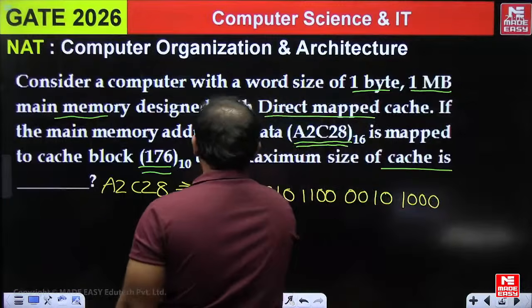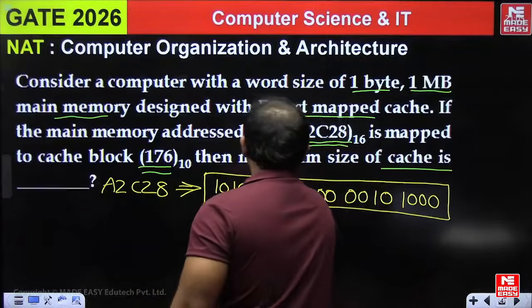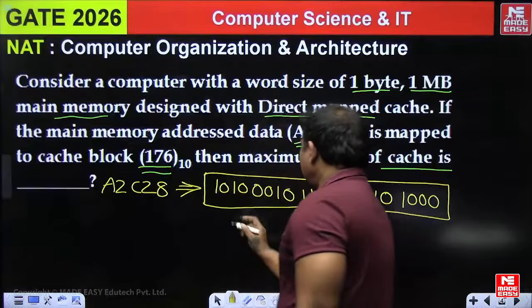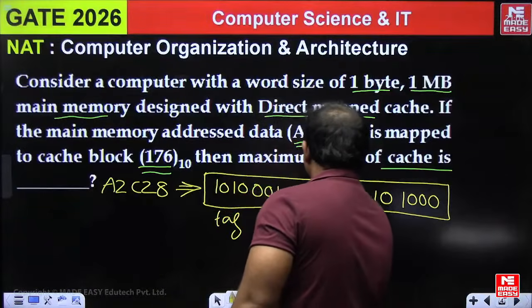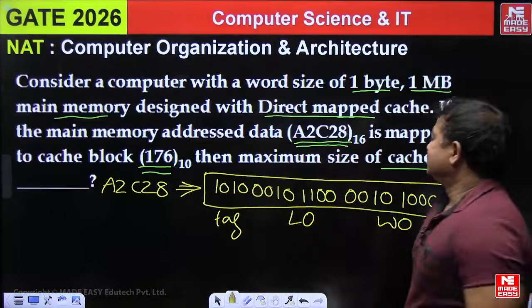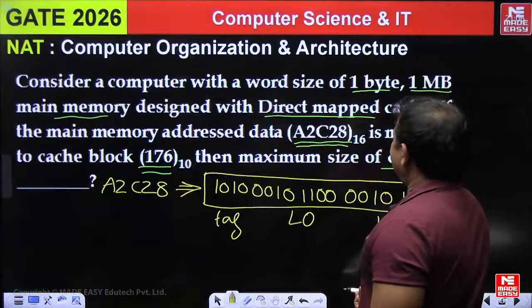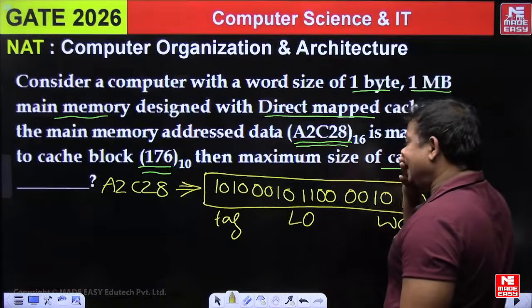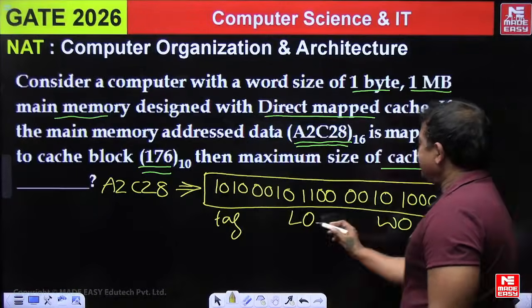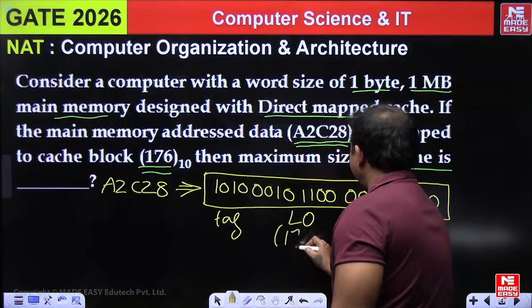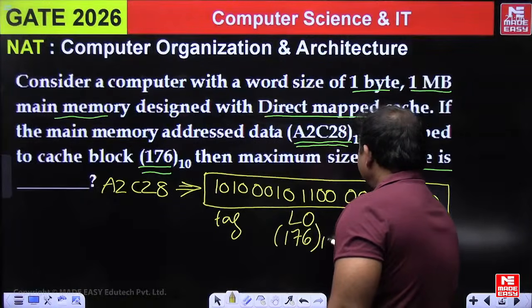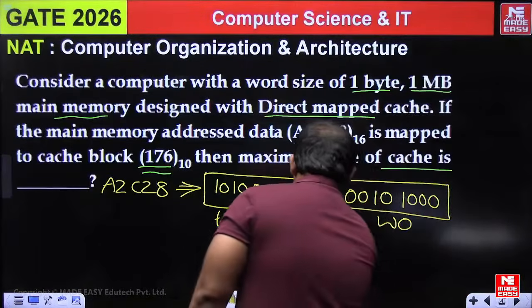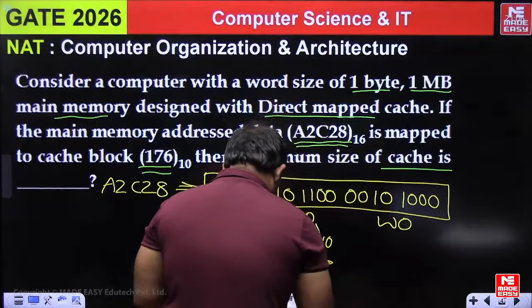Now we have tag, line offset and word offset. This is the direct mapped address format. The line offset indicates the line number, which is 176 base 10. What is the equivalent binary code of 176 base 10?